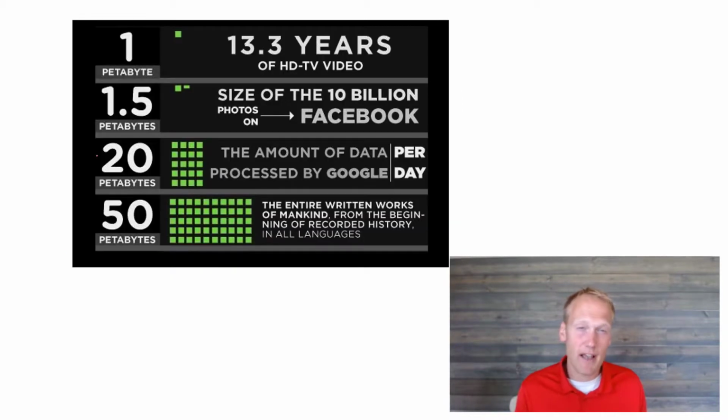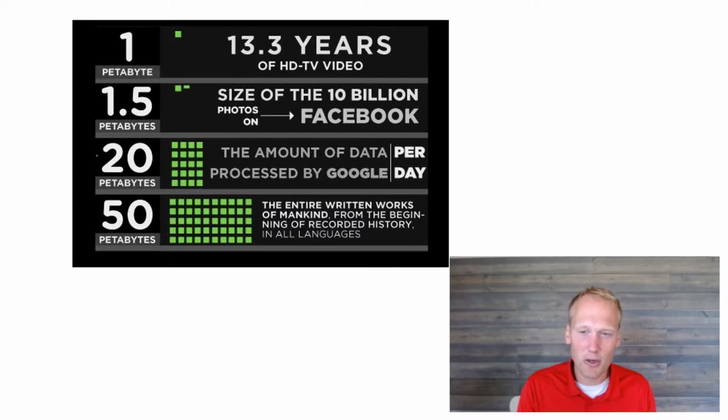If you're trying to wrap your head around how large some of these measurements are, 1 petabyte of information is 13.3 years of HD video. That's a lot. That's like if we HD videoed your life for the first 13.3 years, it would be 1 petabyte of storage. If we take 10 billion photos on Facebook, that's 1.5 petabytes.